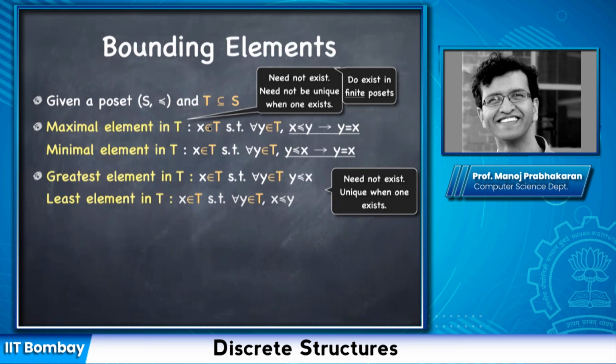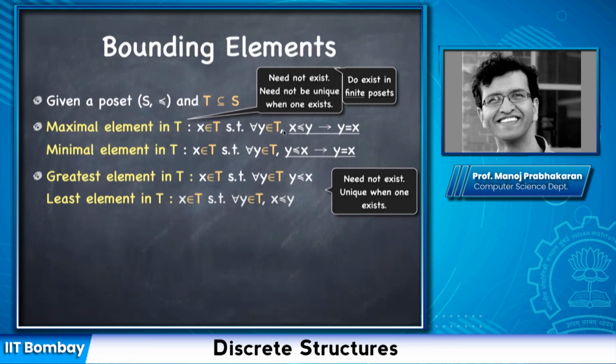It's just that everywhere, instead of saying maximal element in S, I'm saying maximal element in T. Essentially, I'm just looking at a new poset. Given any poset, I can take any arbitrary subset of the ground set, and I get a poset corresponding to that subset. So these are all just definitions of extremal, greatest and least elements defined for that subset.